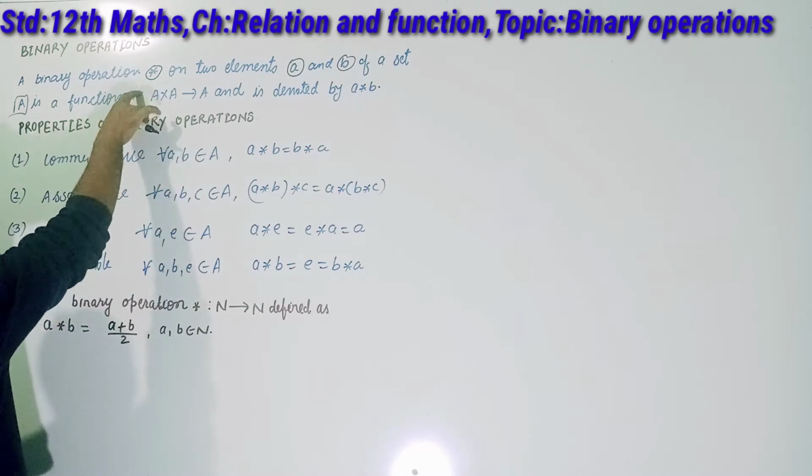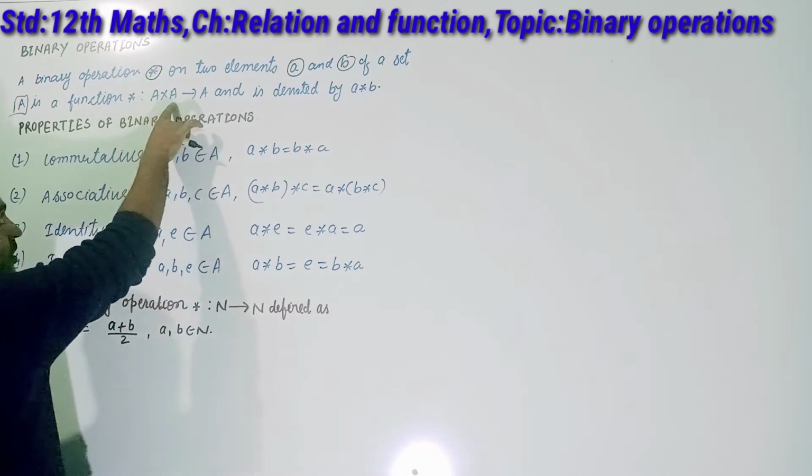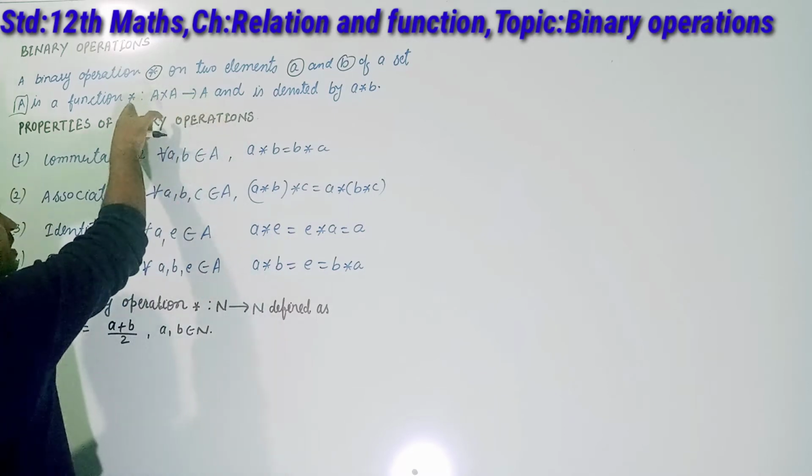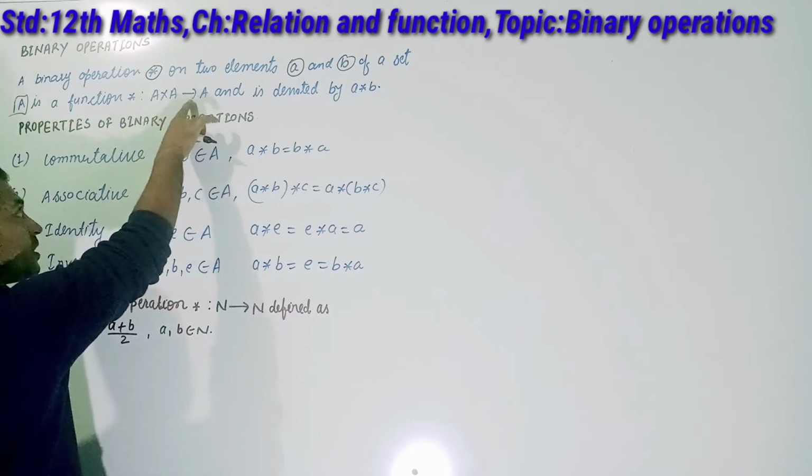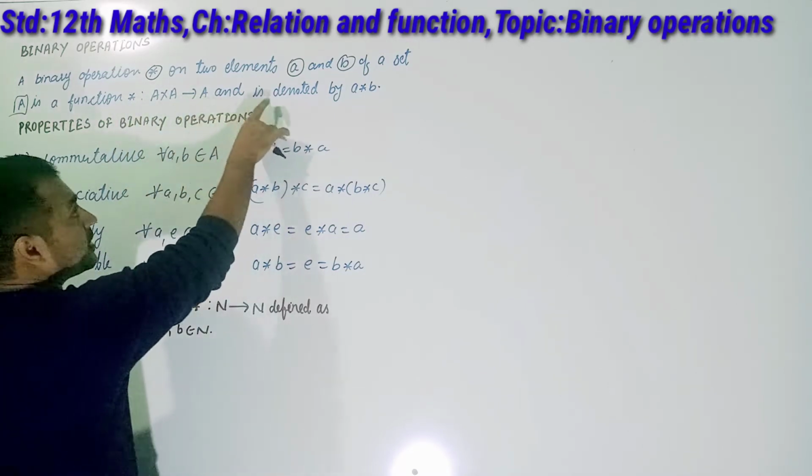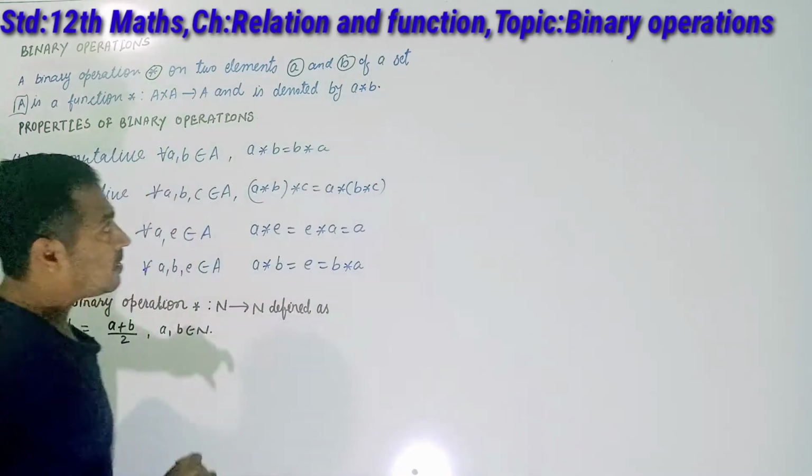Function means this binary operation is defined over A cross A to A, and it is denoted by A star B.